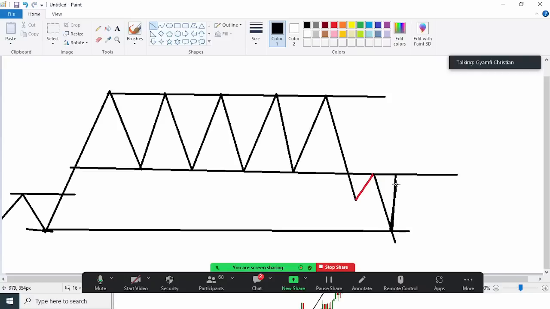So market is returning back. This is where we expect market to hit and then go back. Sometimes when it reaches here, there could be a reaction, but definitely it's going to cross this and then go down, depending on how the market presents itself with the past. We can't see the previous ones, so I'll just consider this. This is where we expect market to return for the retest.